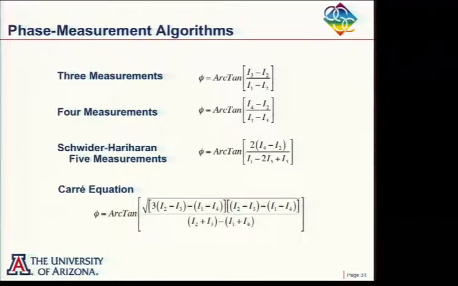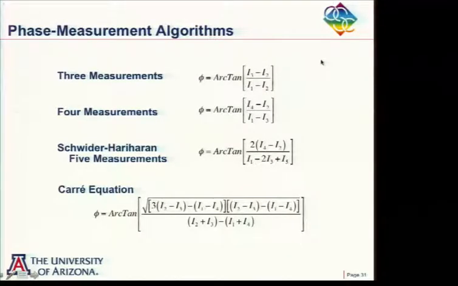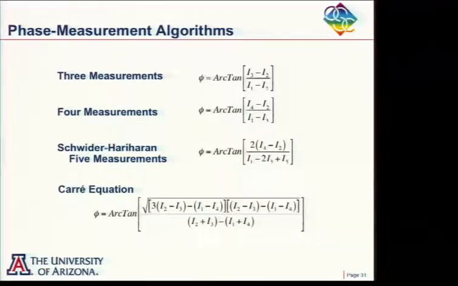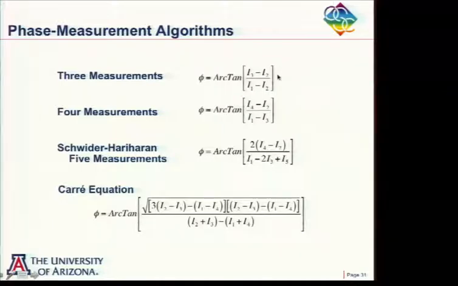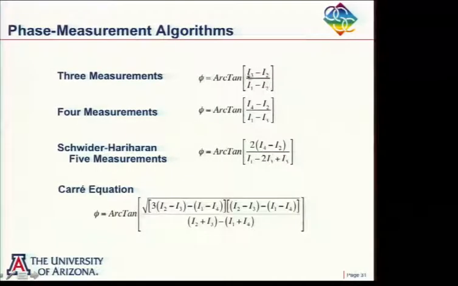So we have 3 unknowns, so we only need 3 measurements. And so we can use this algorithm up here. What is that? I3 minus I2 over I1 minus I2. And again, it's basically just looking at the sines over the cosine.